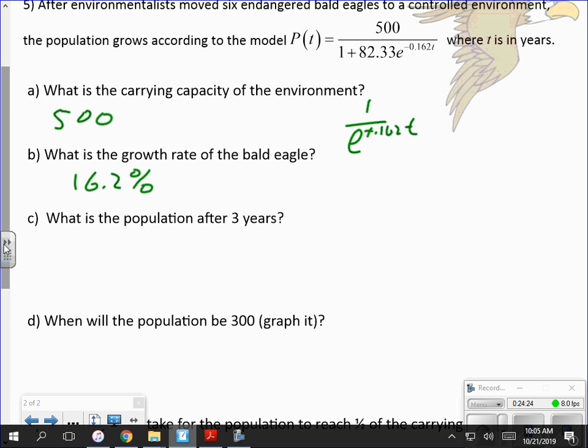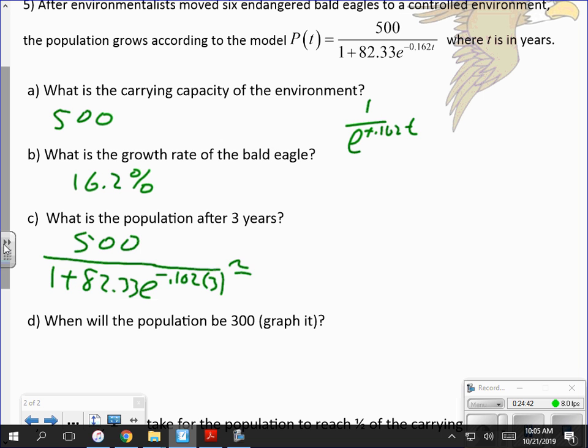What is the population after 3 years? 500 over 1 plus 82.33 e to the negative 0.162 times 3, which gives you approximately 9.68, which is approximately 10 birds.